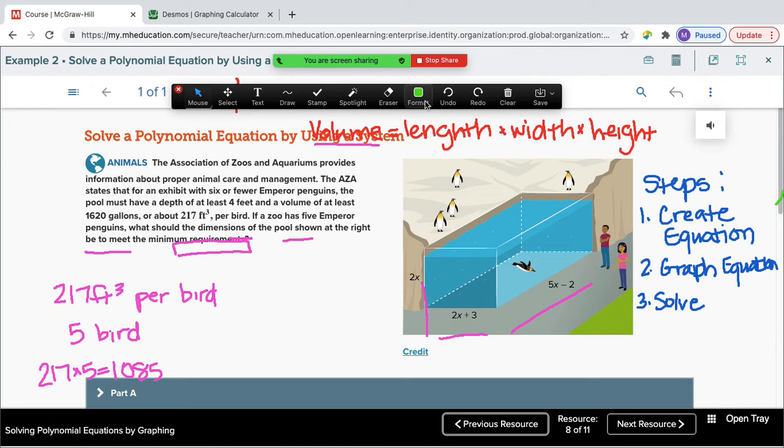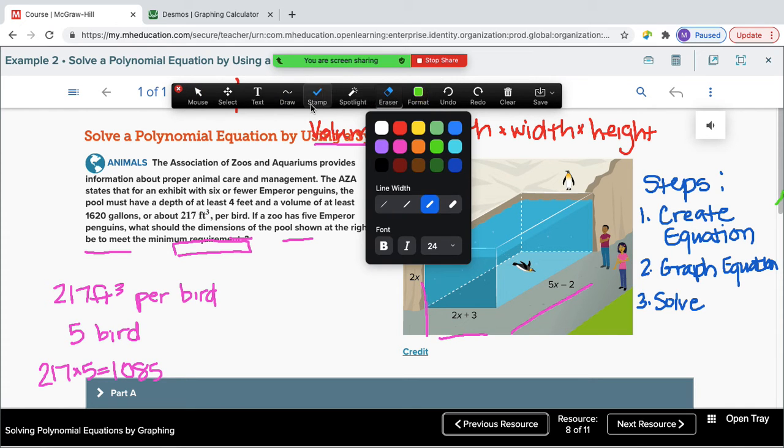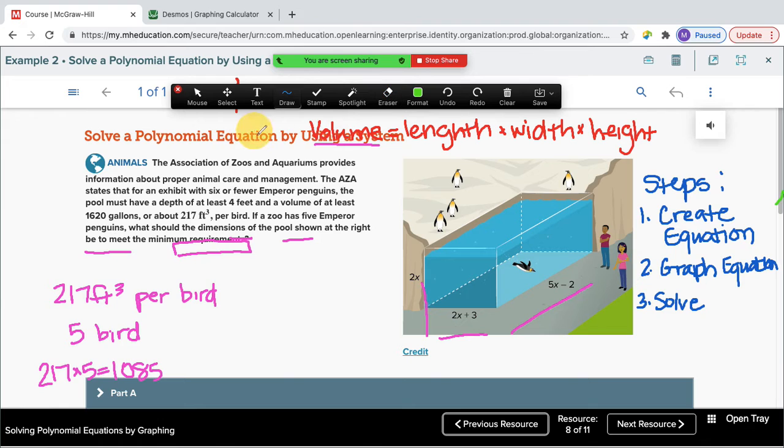And we're going to create an equation. Another space. So we're going to have 2x times 2x plus 3 times 5x minus 2.